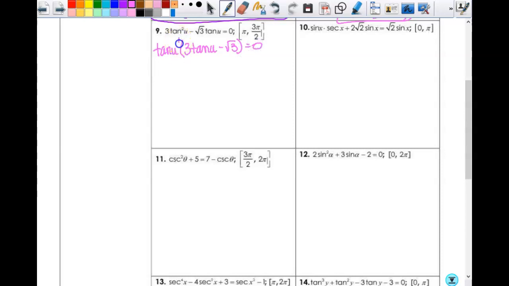I've got it factored, so I can use my zero product rule. Tangent u equals 0. 3 tangent u minus the square root of 3 equals 0. So 3 tangent u equals square root of 3. Tangent u equals square root of 3 over 3.